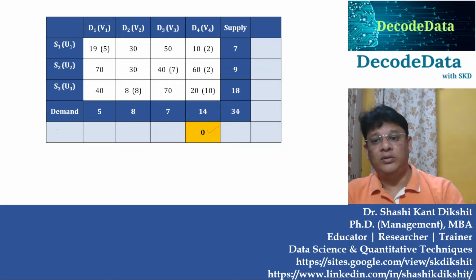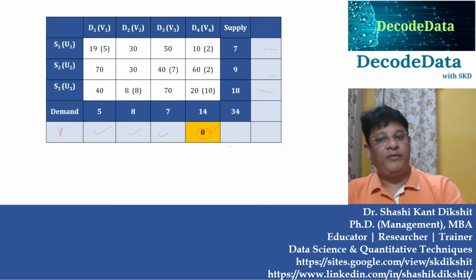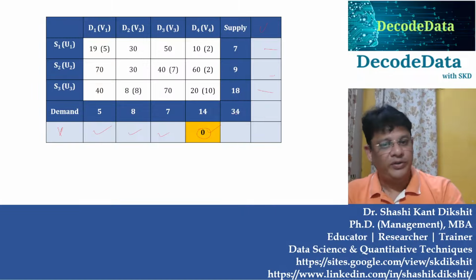So this is what we are talking about, value of v, and this is what we are talking about, value of u, right? All the values of u1, u2, u3 will be mentioned in this area, and v1, v2, v3, v4 here. Because this column has maximum allocation, let's say this is 0. Now once I have taken one of the values as 0, we have to calculate the rest of the values of u1, u2, u3, v1, v2 and v3, because v4 is already 0, right?